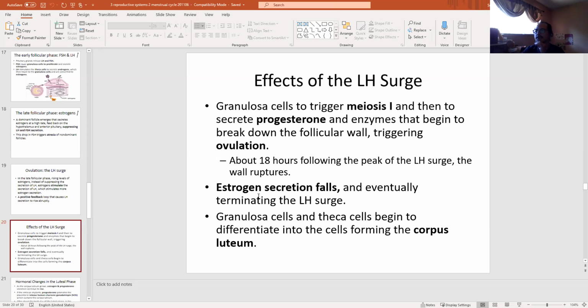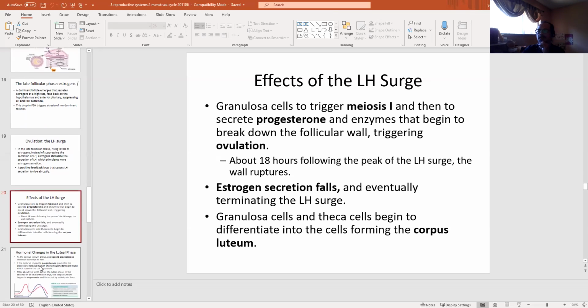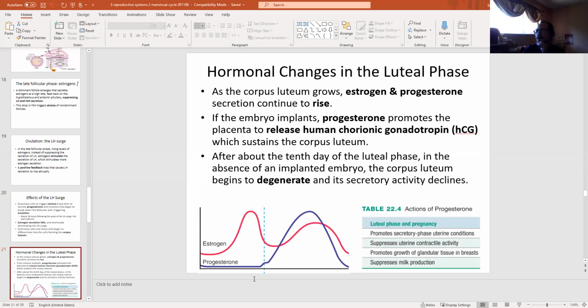The corpus luteum will then produce the estrogen and progesterone. And this is important, here is a list of the progesterone actions: to promote the secretory phase of the uterus.